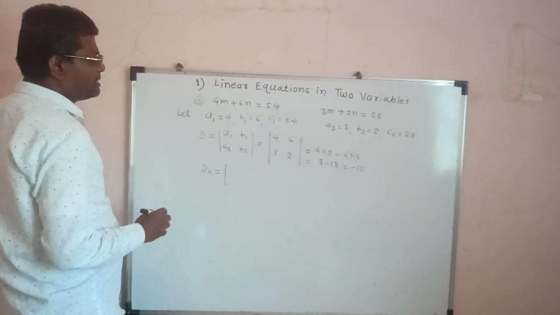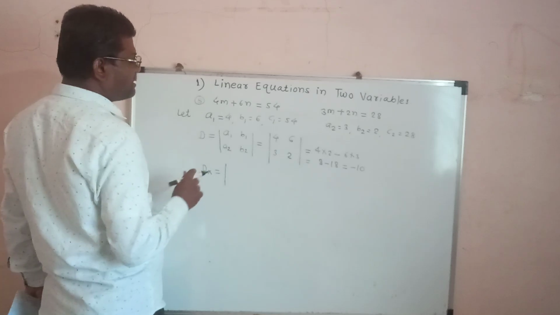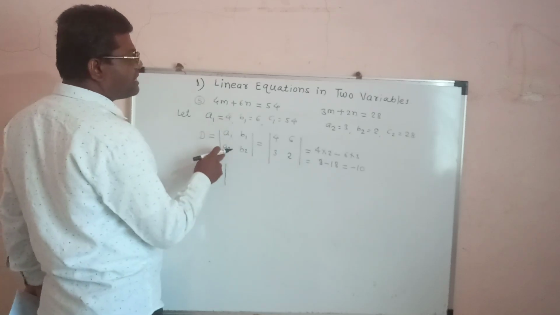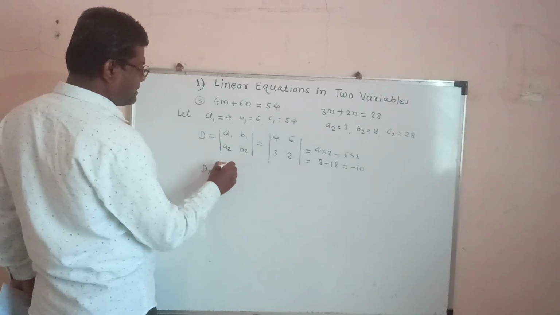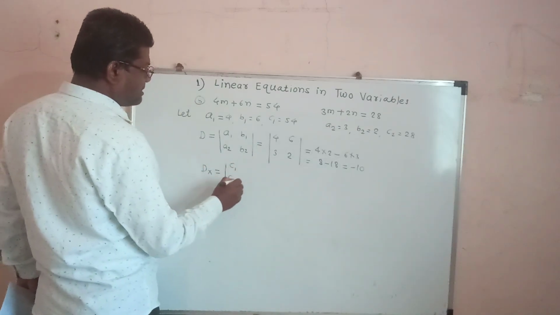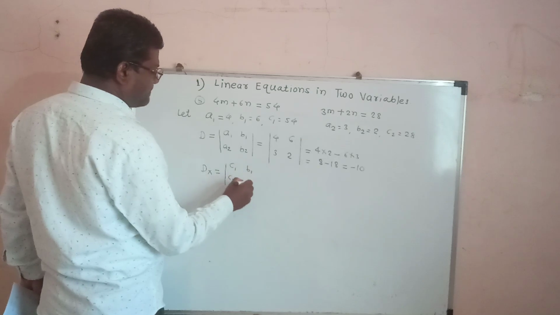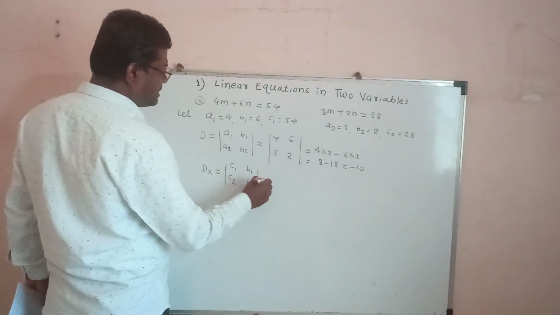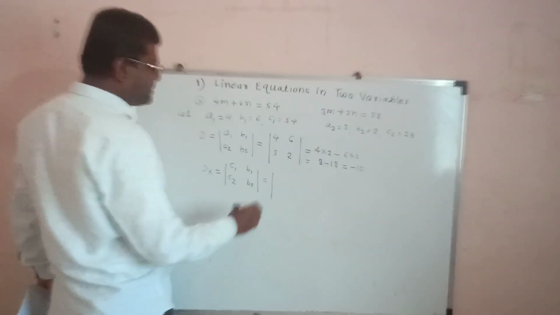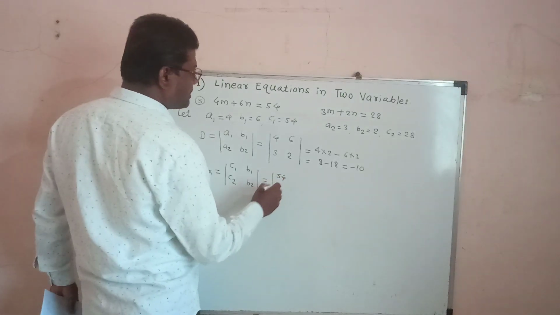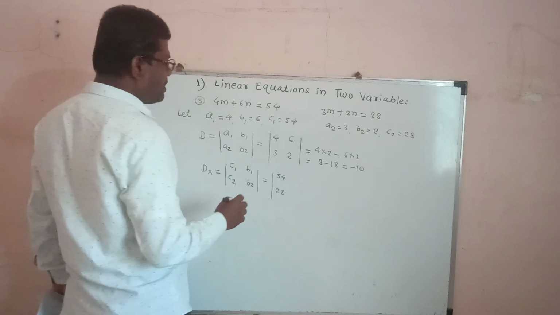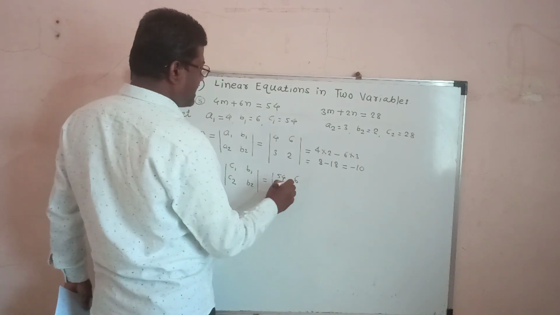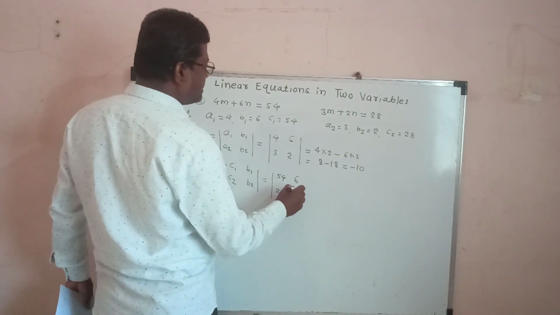Now find the value of Dx. Dx is equal to, we replace a1, a2 by c1, c2. So we write c1, c2 in the first column and b1, b2 in the second column. The value of c1 is 54 and c2 is 28. The value of b1 is 6 and b2 is 2.